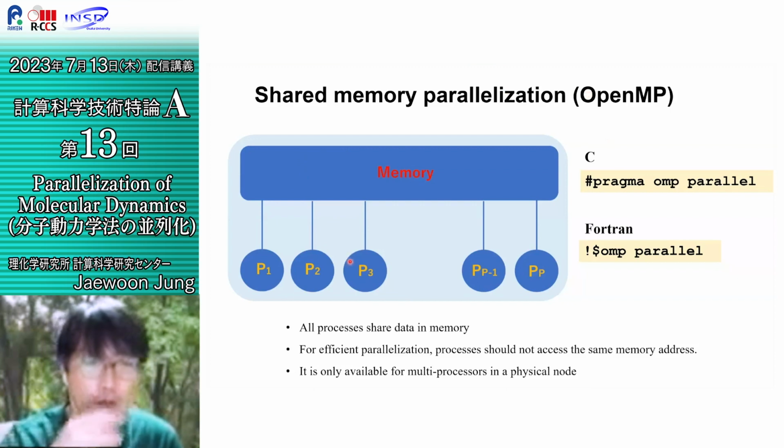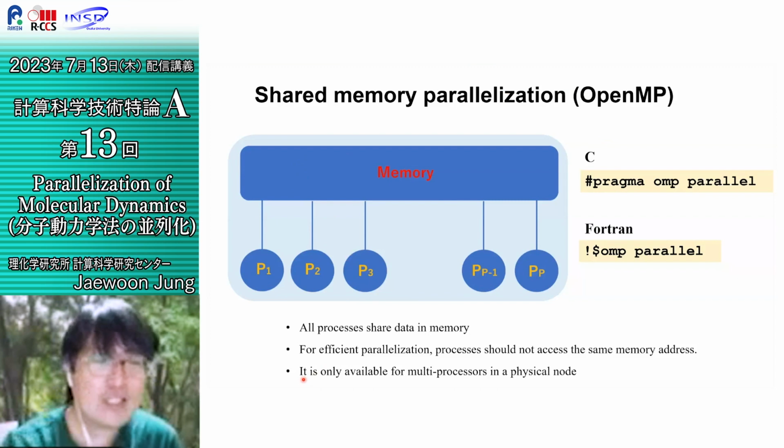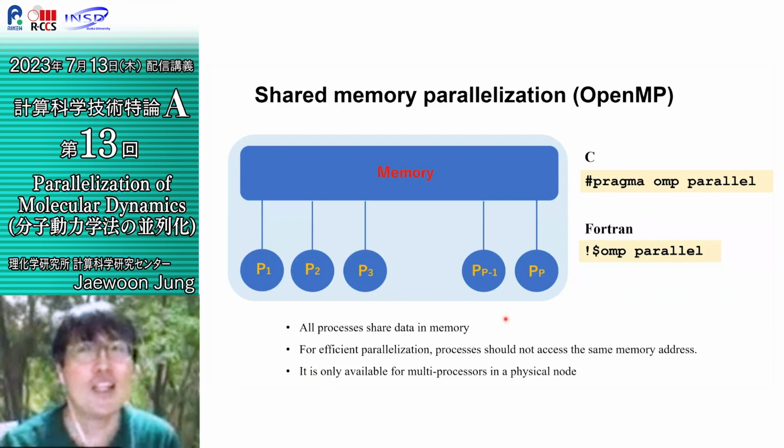Also, here I wrote that it is only available for multiprocessors in a physical node. Assume you have a single node with one CPU, and in that CPU, you have, for example, 6 cores.